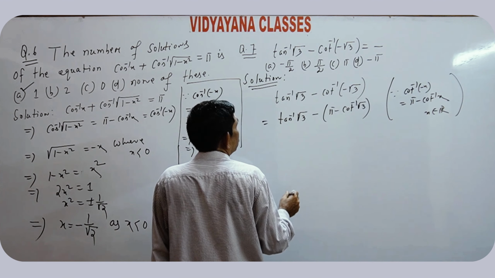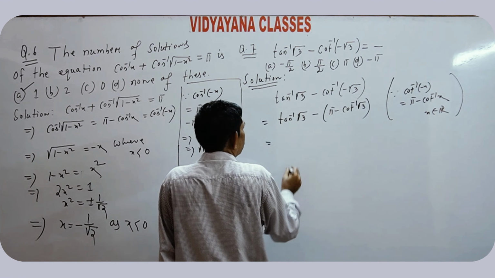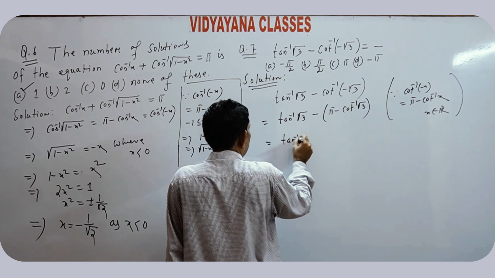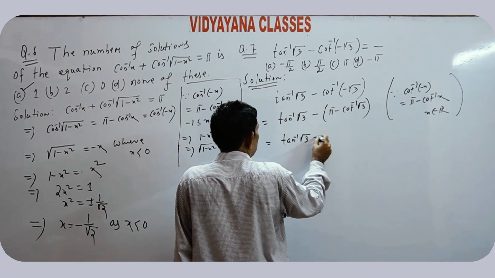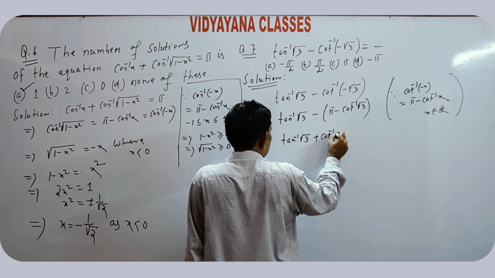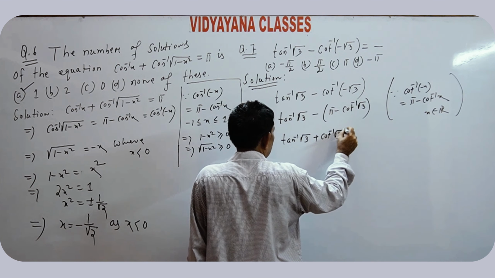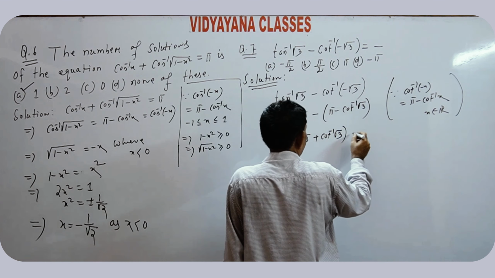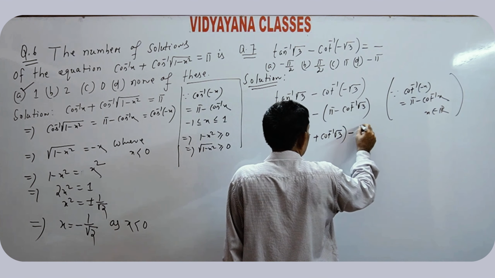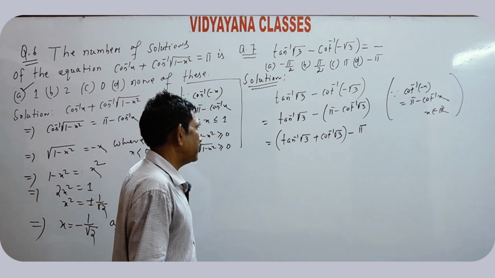Which is same as tan inverse root 3 plus cot inverse root 3 minus pi.